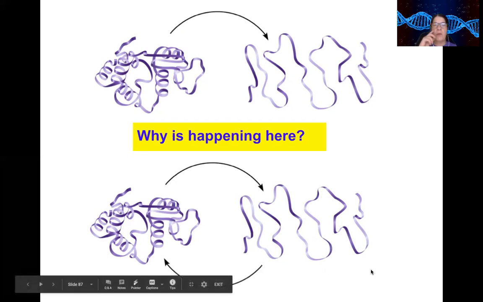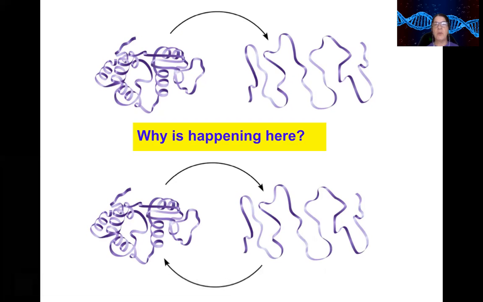So for many proteins, as a matter of fact, for most proteins, if you heat them, let's say you boil them, and you let them cool down very, very slowly. So you're in a lab, in a test tube, you have a protein, you have an enzyme. You boil the enzyme, you boil the protein, and then you let it cool slowly.